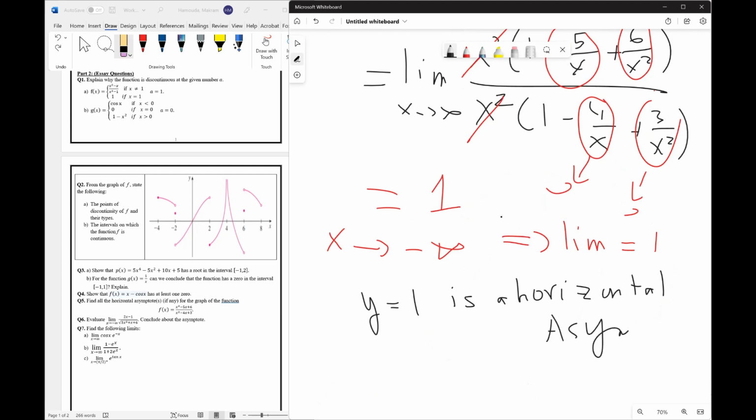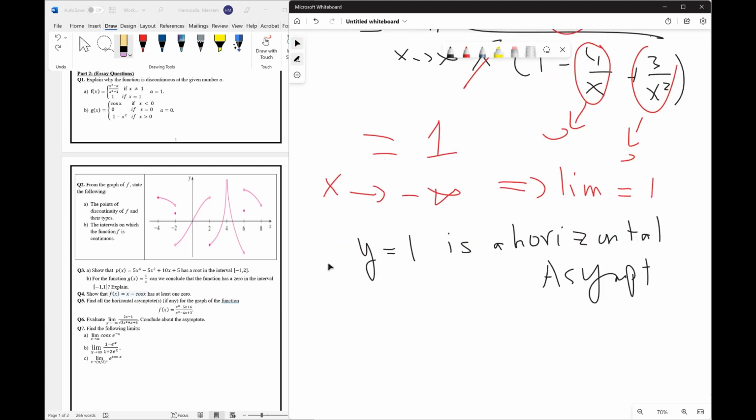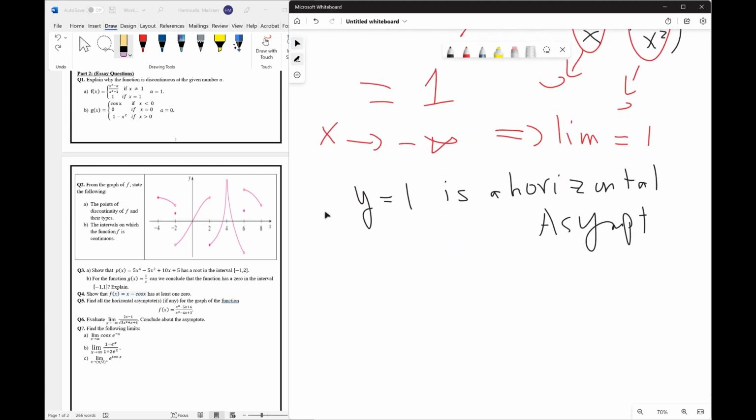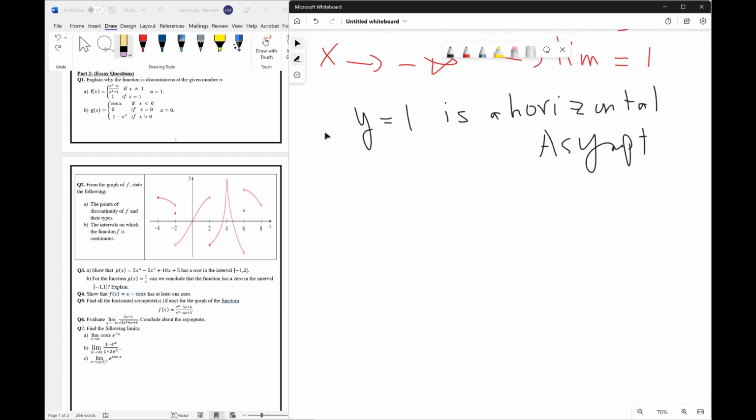So we can go to question number 6, and here we will evaluate the limit. Okay, so here question 6.